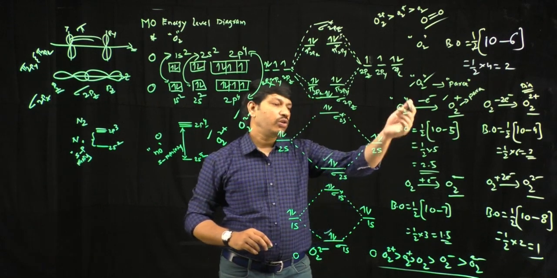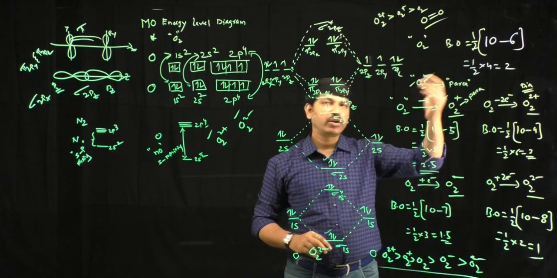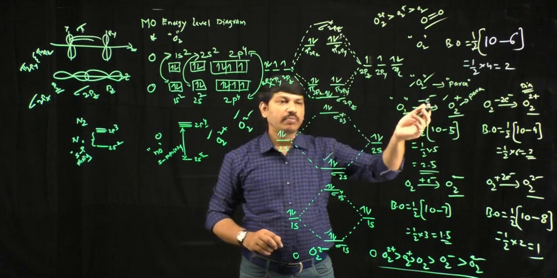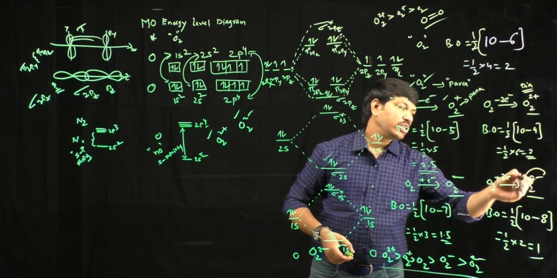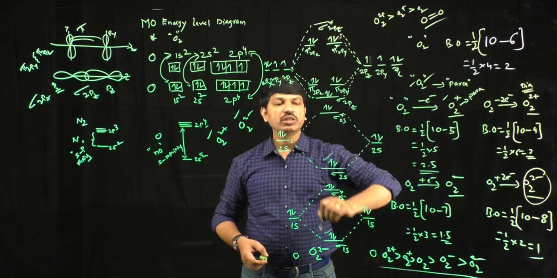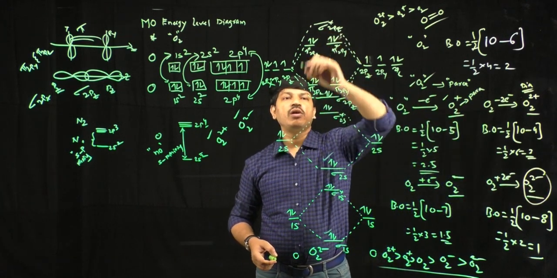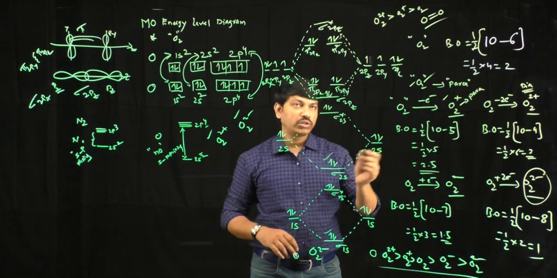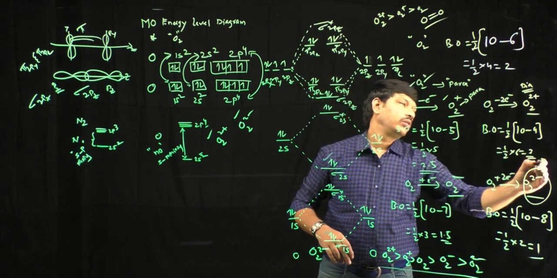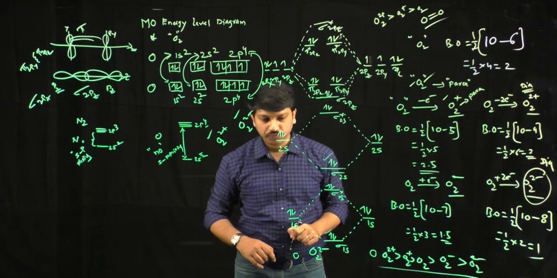And in each case we have to calculate the bond order value, and we can assign whether it is paramagnetic or diamagnetic in nature. So what is the nature of O2 2 minus in this case? If we see the O2 2 minus MO diagram, all are paired electrons only. We don't have any unpaired electrons. So that means this is diamagnetic in nature.